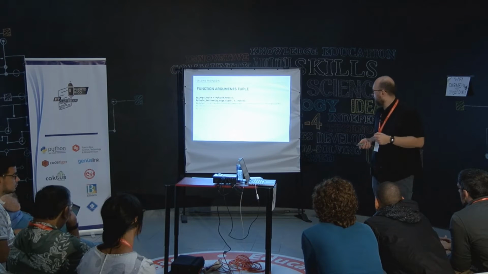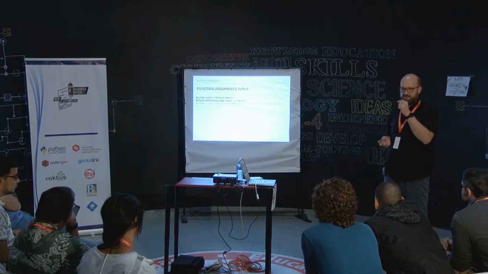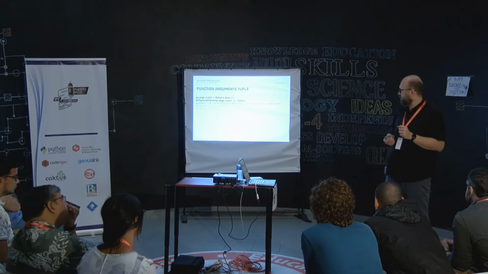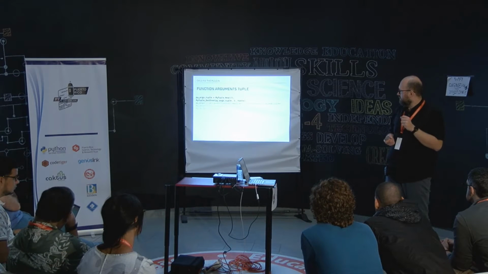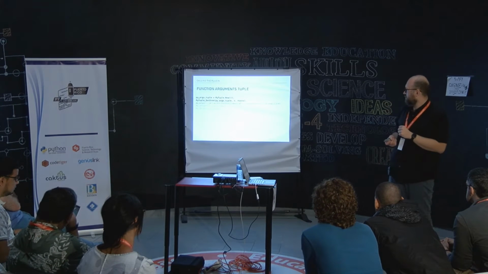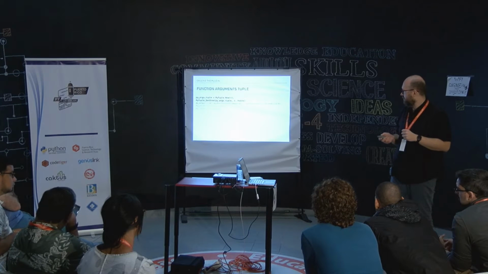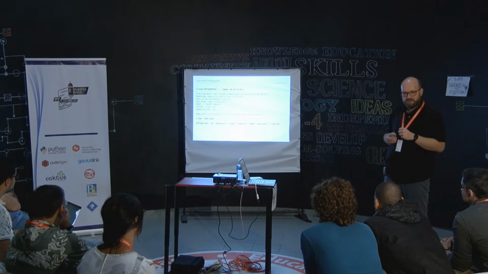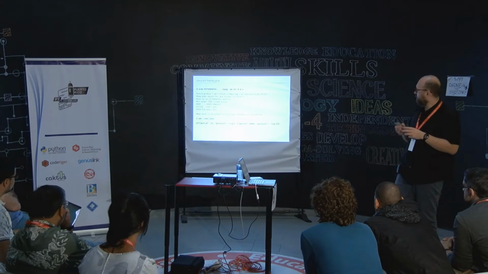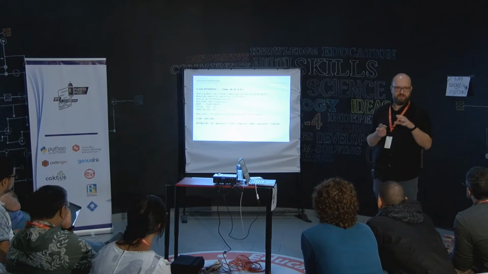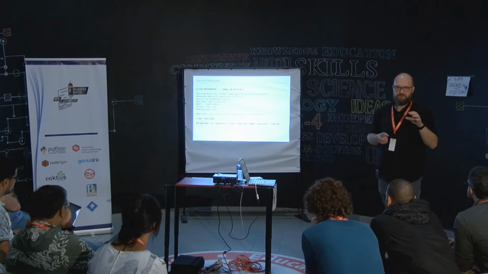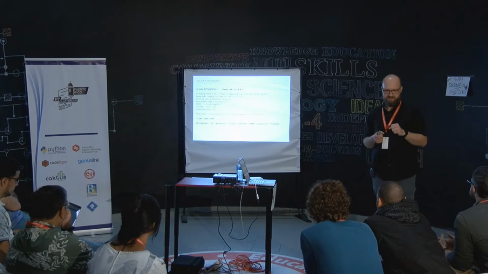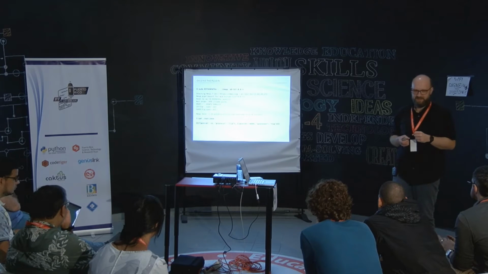Okay, so we have the function. We have the possibility to call the function. So we call our function. And it worked. I scanned my PC, on which I opened a few ports using netcat, just for the sake of the experiment.